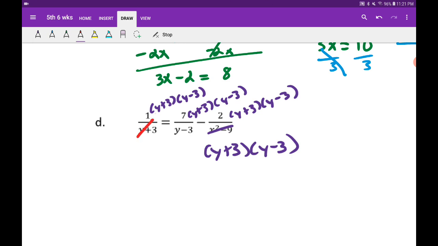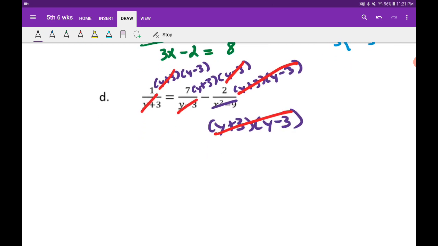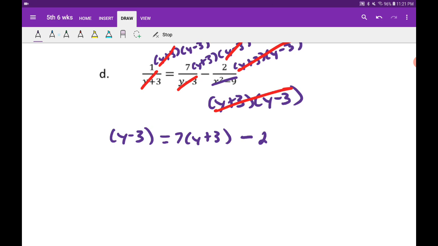So y plus 3 cancels that y plus 3, y minus 3 cancels that y minus 3. Both of these cancel all of that. So let's regroup and see what we got. We got 1 times y minus 3 equals 7 times y plus 3 minus 2 times nothing else. It canceled out. So pretty straightforward.